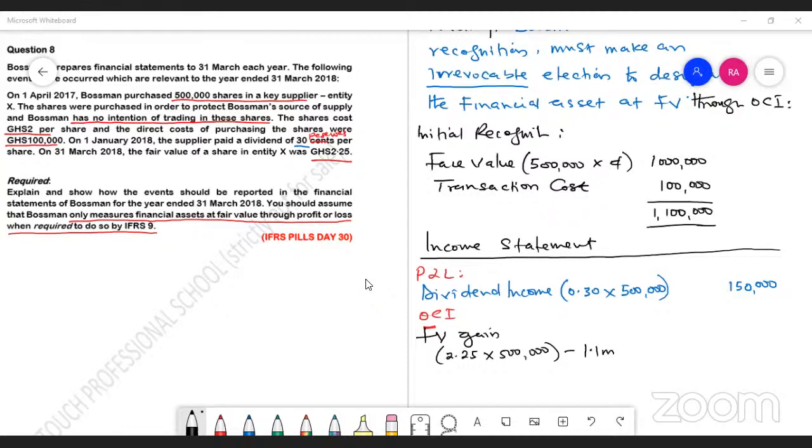So minus the 1.1 million will give us 25,000. So that will be a fair value gain.